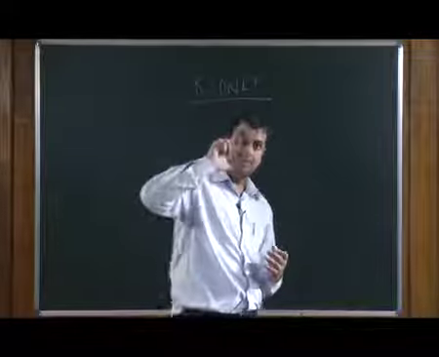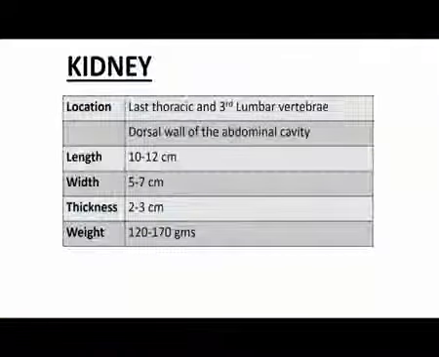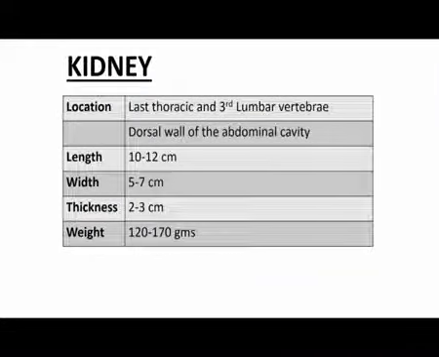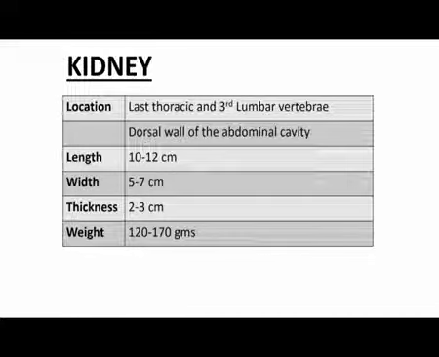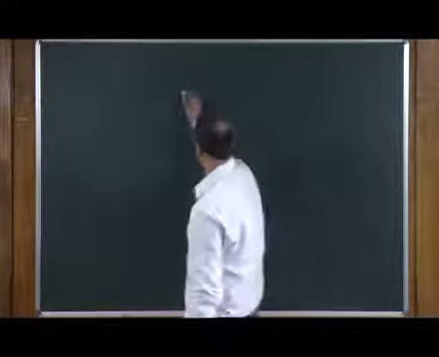Length is about 10 to 12 centimeters, width is about 5 to 7, and thickness is about 2 to 3 centimeters. These are approximations based on age group. Weight is approximately 120 to 170 grams, and it largely varies according to health condition as well as age.